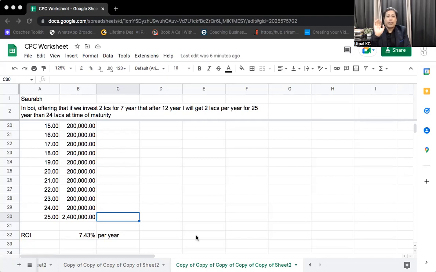You see, this is proper, provided you're sure that this is how it is, unless you think you can earn a better return. Then it is okay, you have taken a prudent decision. But if you think that you can earn much more return, then of course it is not good. Got it?